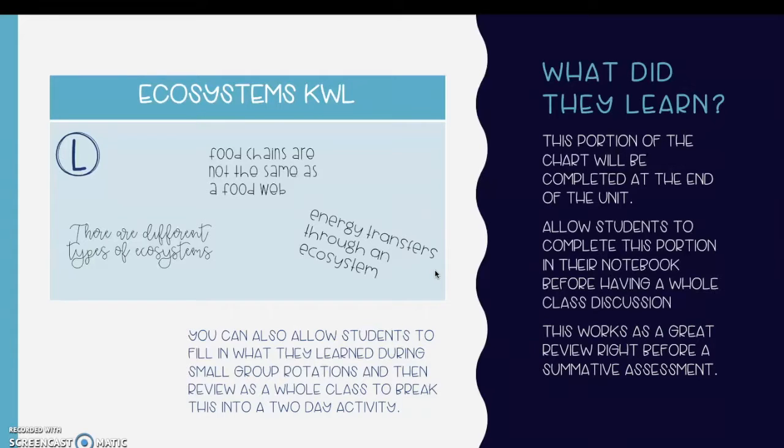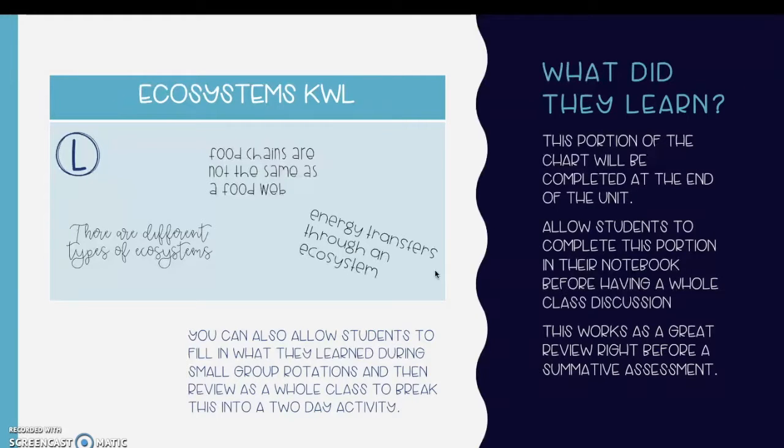Another strategy that you can use, or a way to differentiate this for your room, depending on the independence level of your students, you can let them do this part in small group rotations one day, and then the next day before your test, or whenever you need it, you can review what they put together.